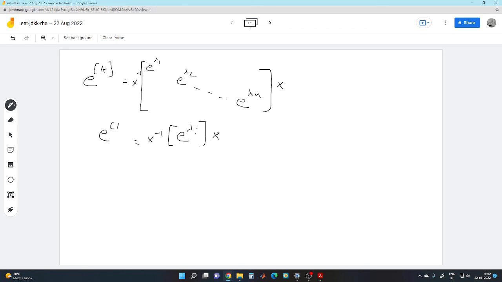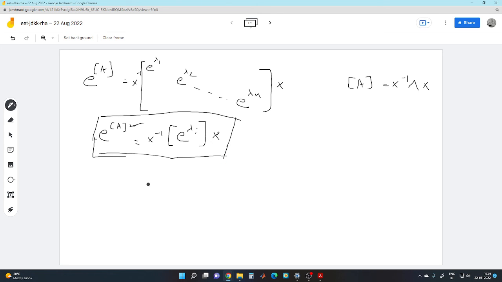So e raised to power A matrix. So if we know the eigenvalues and eigenvectors of A, and A is a symmetric matrix which can be expressed as X inverse lambda X, we can directly find this exponent of the matrix, and we can use it directly to find the solution of that matrix.